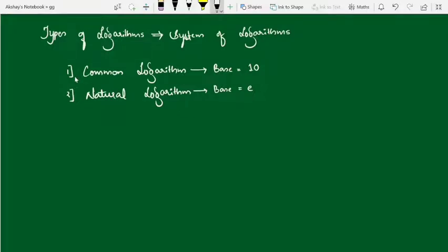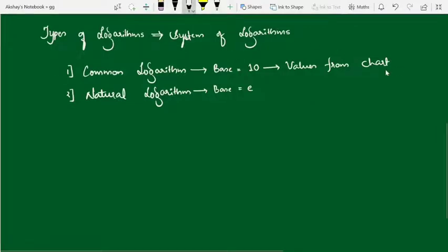Okay, and from the logarithmic chart we are going to get common logarithm values. We get them from the chart. Chart means logarithmic chart.